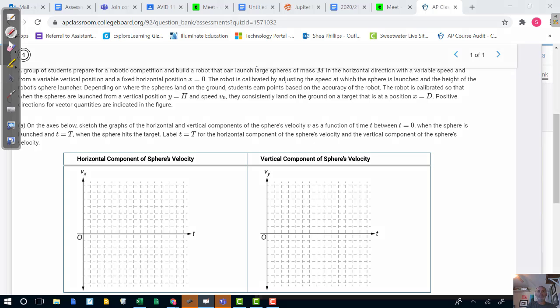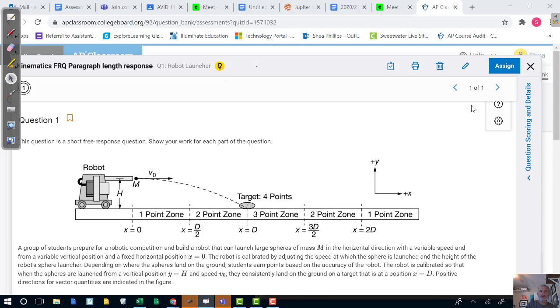One of the things that we learned was that if you have an object going in the x direction, and I can draw that, let me draw that up here. So when this object is moving, this cannonball, no matter where it's at on its path, it's moving the same speed in that x direction.